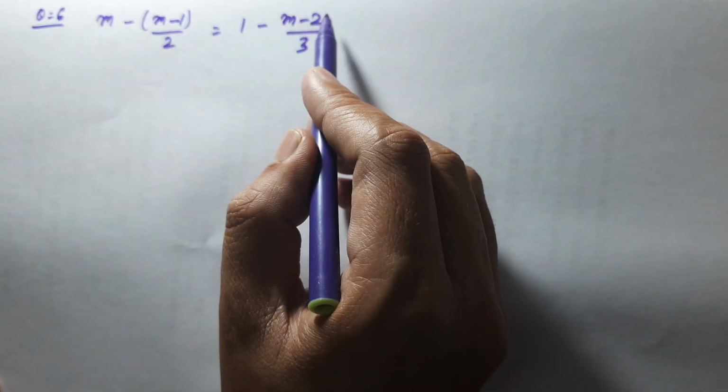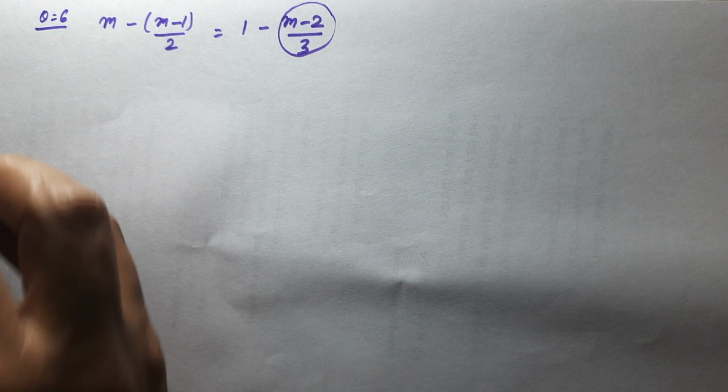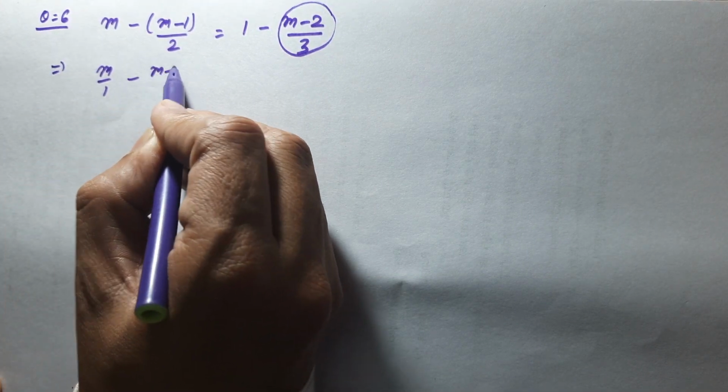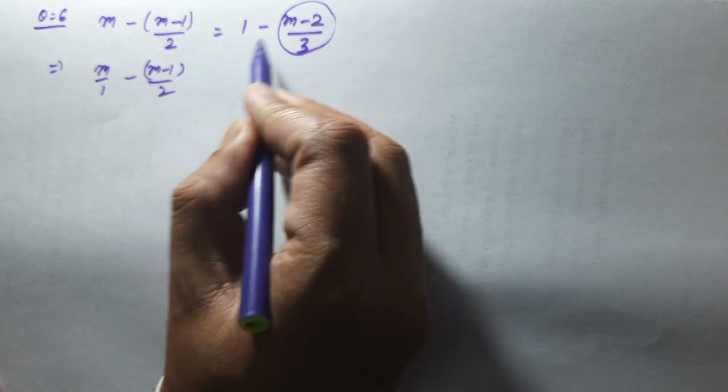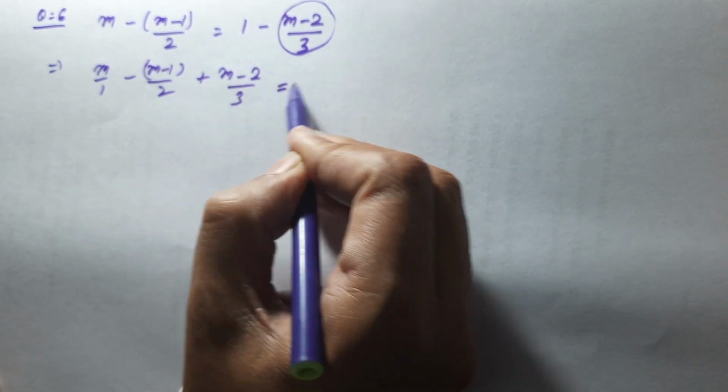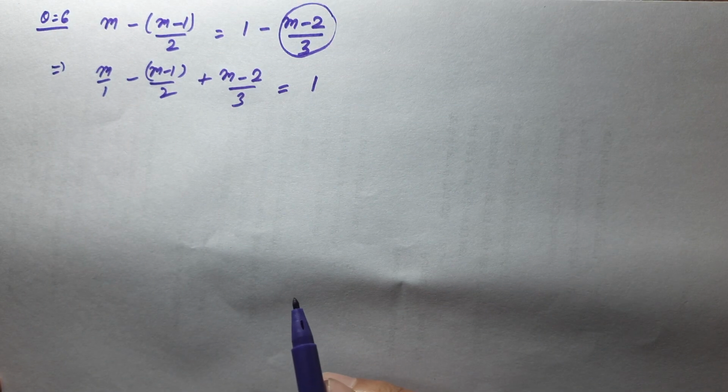But here, you can't transpose as it is. You have to first of all simplify it. So put the whole term along the left hand side. m upon 1 minus, put them in bracket, (m minus 1) upon 2, minus will change into plus, (m minus 2) upon 3 is equal to 1, right hand side.